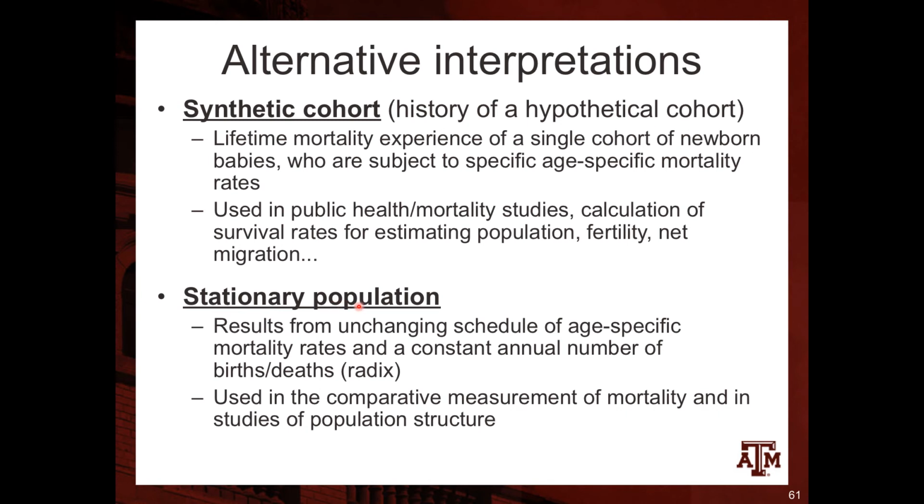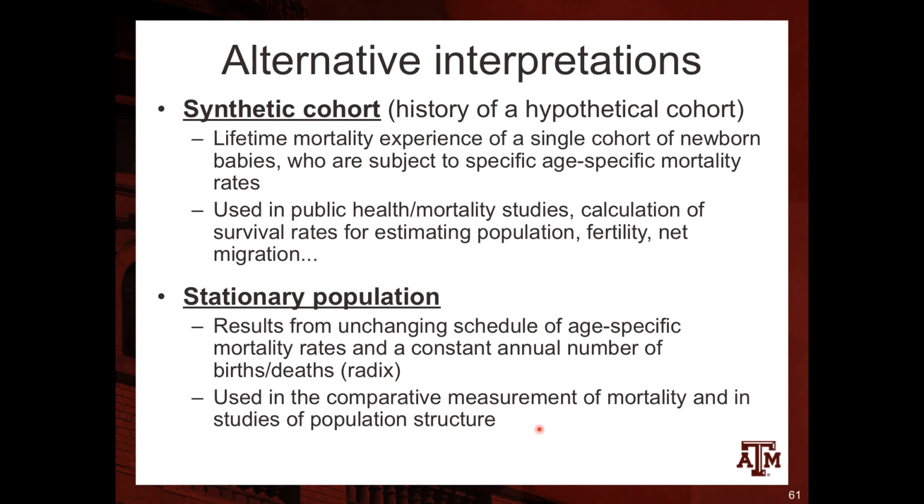The stationary population approach is related to the stable population that I just mentioned before. So let's say that we have a population where the age-specific mortality rates are not changing, and we also have unchanging age-specific fertility rates. So we have a constant annual number of births and deaths, which is pretty much the little l0, the radix of our table.